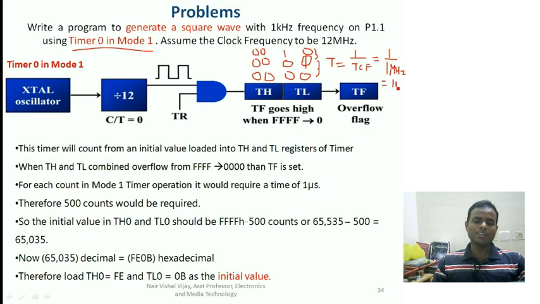So what we understand is that for each count in timer 0 mode 1, you require 1 microsecond of time.